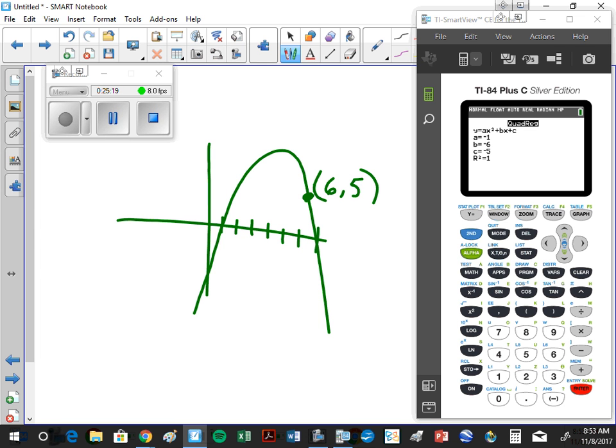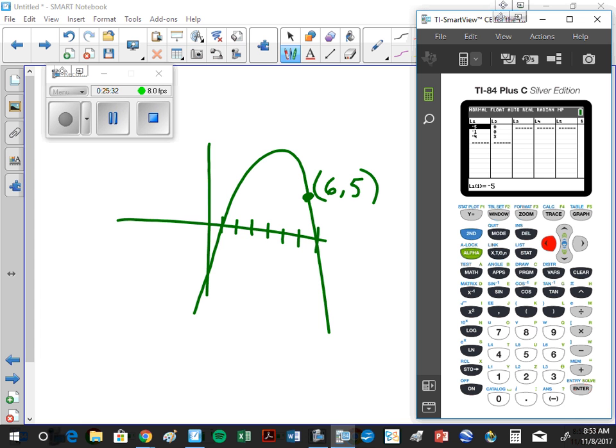What would I put in my stat in order to figure out this equation? What would my x values be? 6 is one of them. 1 and 7.